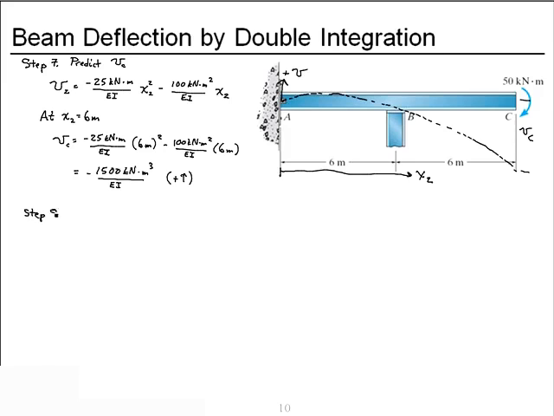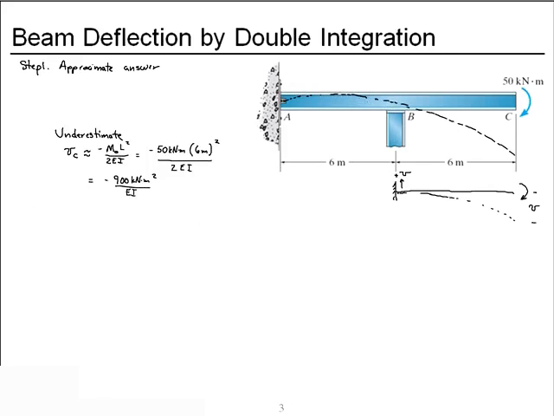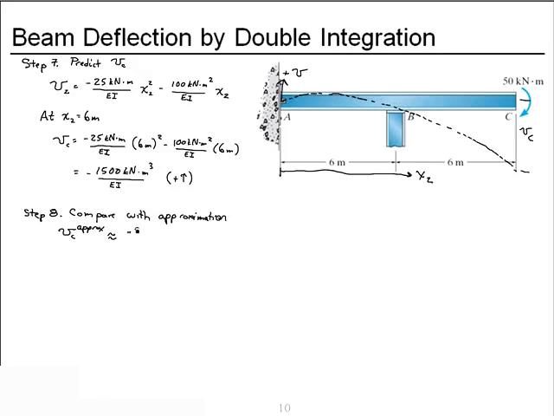Now step 8. Compare with the approximation. And we had found the approximate value to be negative 900 kilonewton meter cubed over EI.